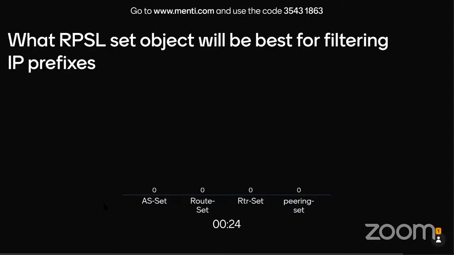What RPSL set object will be best for filtering IP prefixes? You have 4 options. Is it AS set, route set, RTR set, or peering set?